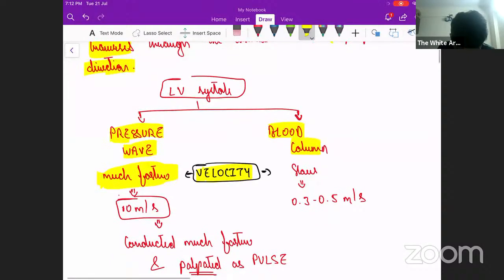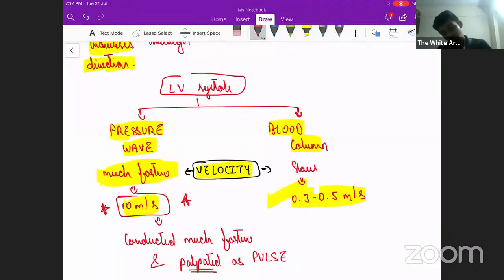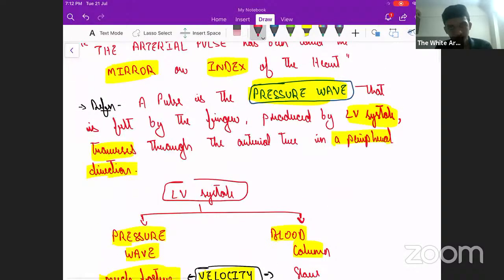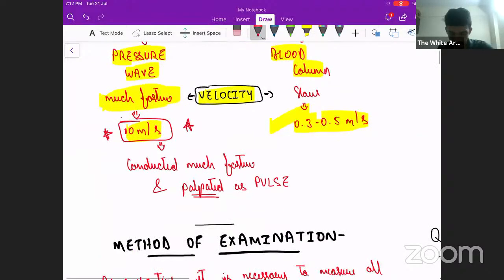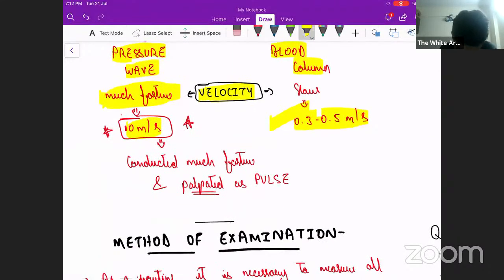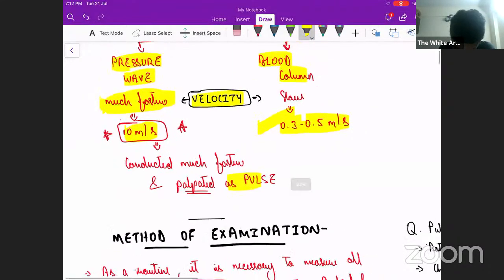The velocity of the blood column is just 0.3 to 0.5 meters per second, so it arrives a bit late. So what you actually palpate for is the pressure wave, which arrives faster. That is why the pulse is the pressure wave. A very important, basic concept. This is the one that conducts much faster and is palpated as the pulse.